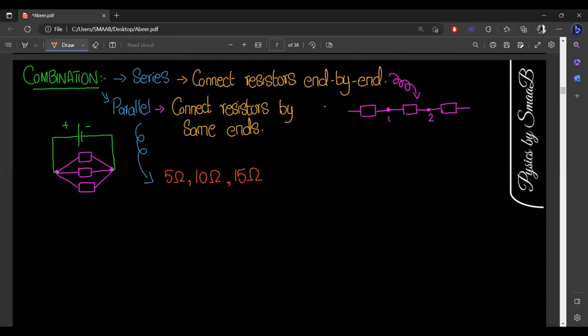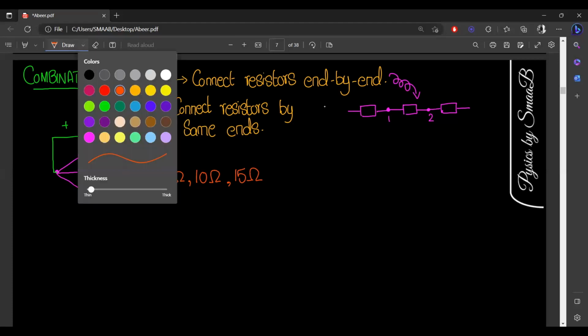It means less than 5 ohm. We need to connect a resistor in our circuit which is less than 5 ohm, and we need to combine all these three resistors. So there are two possibilities. Either we connect them in series or we connect them in parallel. But we don't know if we combine them in series or in parallel, what will be the output, right?